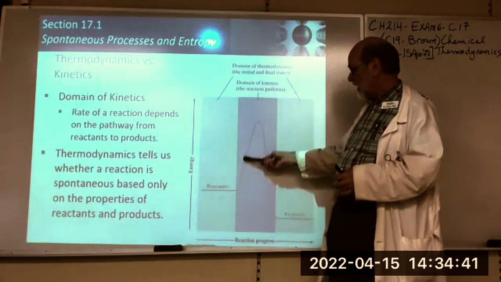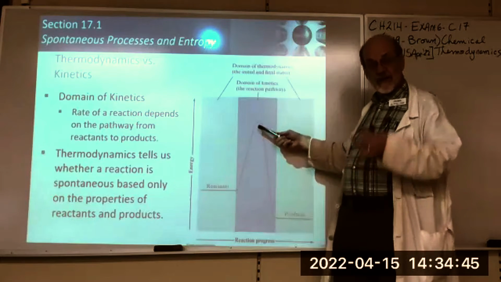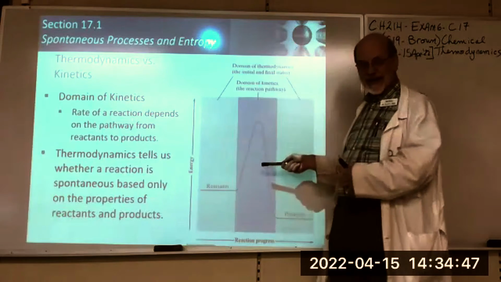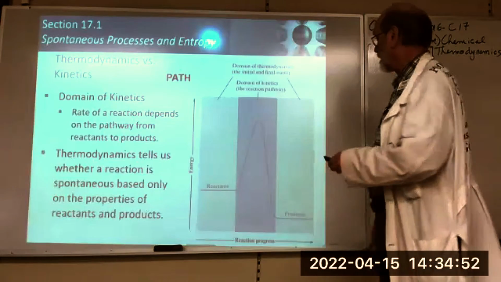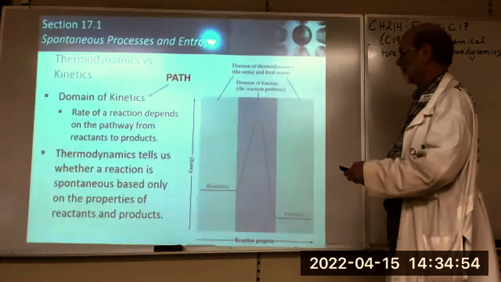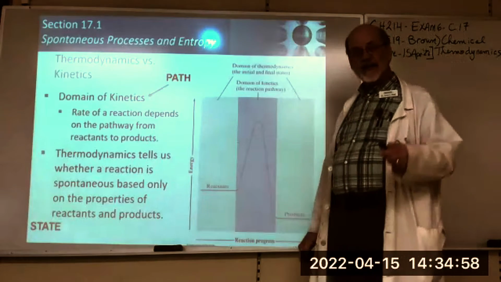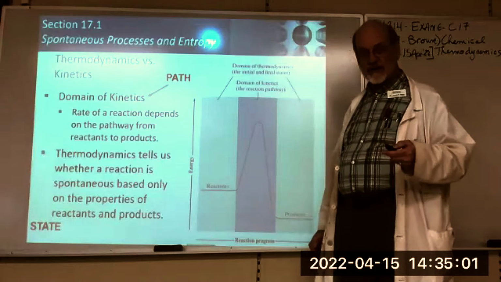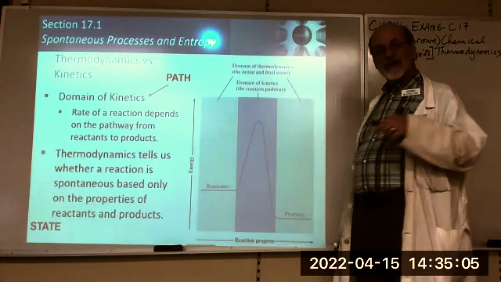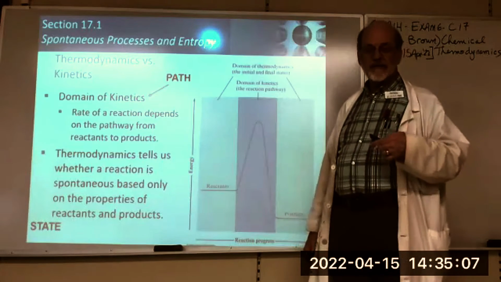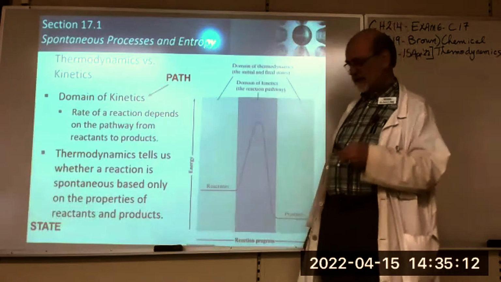Whereas this part that includes activation energy and reaction rates and pathway, that's kinetics. Okay? Another way of saying that is the kinetics is always concerned with the path of the reaction. How does it get there? And thermodynamics is only concerned with the state. What is its state before? What is its state after?